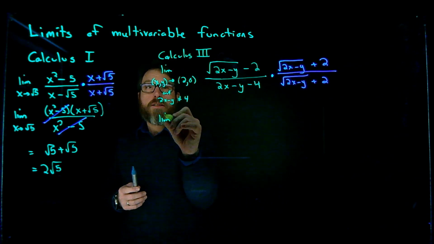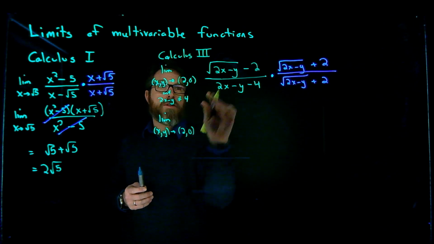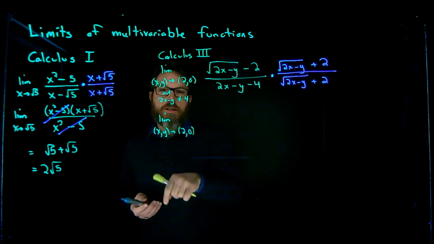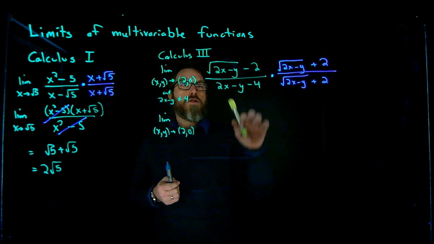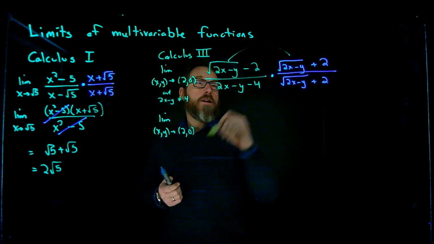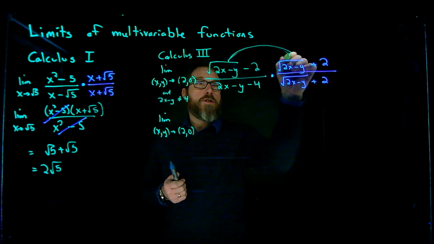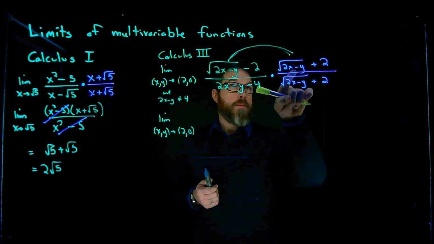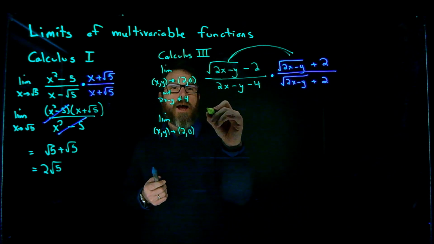So the limit as x, y approaches 2, 0 in this thing's domain space. We also say the denominator can't be 0. That's why they say this. But it's going to become less relevant when we simplify these things. So when I multiply here, because the conjugates will multiply together, first, root 2x minus y times root 2x minus y would be equal to root 2x minus y squared, thus annihilating that radical.